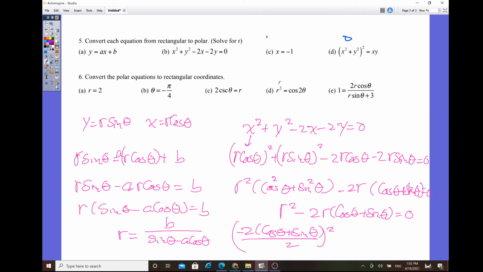So this one would be written as r squared minus 2r times the quantity cosine of theta plus sine of theta. This reduces to cosine squared of theta plus 2 cosine theta sine theta plus sine squared of theta. It's like a binomial expansion. So that one is 1 plus 2 cosine theta sine theta, quantity squared.